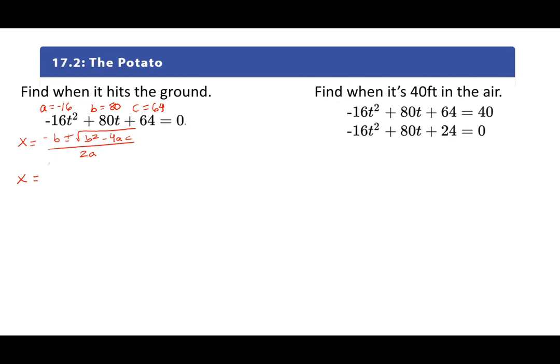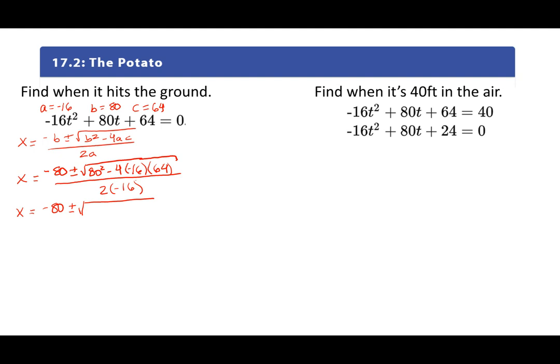So we have negative b will be negative 80 plus or minus the square root of b squared, so 80 squared minus 4 times a, which is negative 16, c, which is 64. I'm going to be careful that my square root symbol includes all of that, because all that needs to be inside the square root symbol. And then 2 times our a value, which is negative 16.